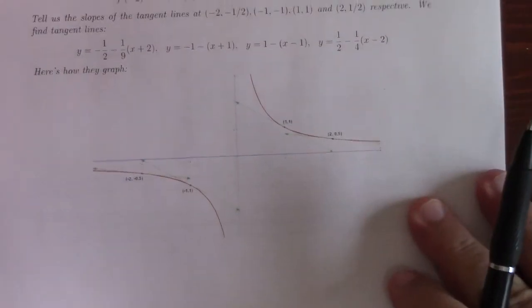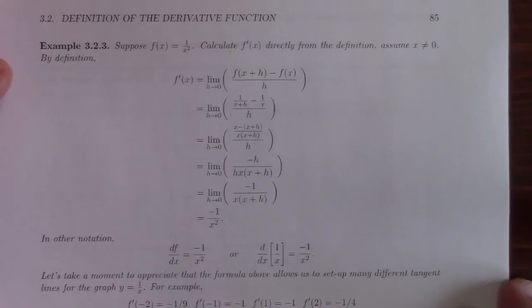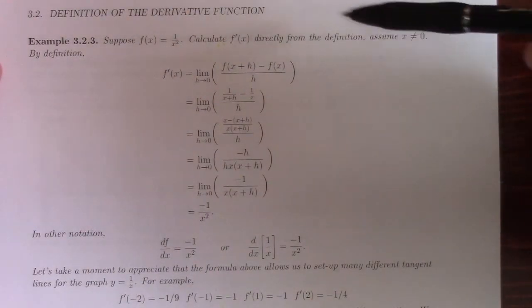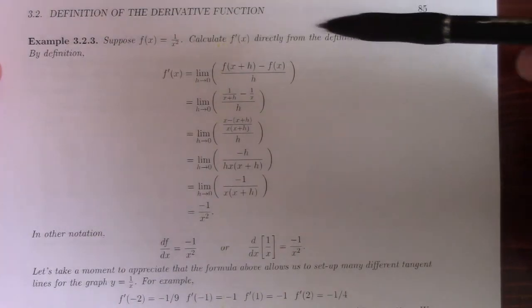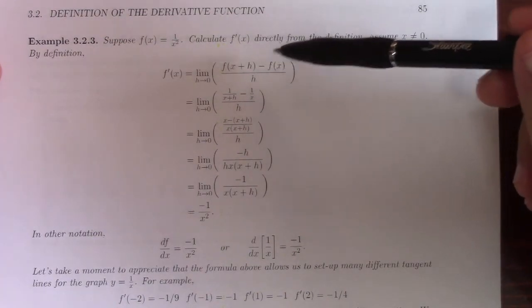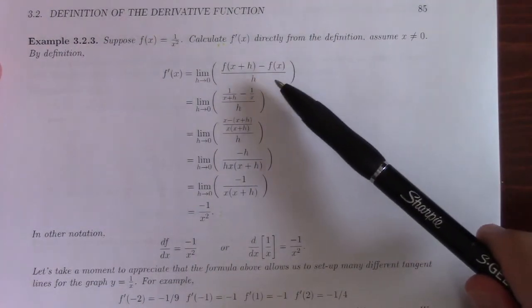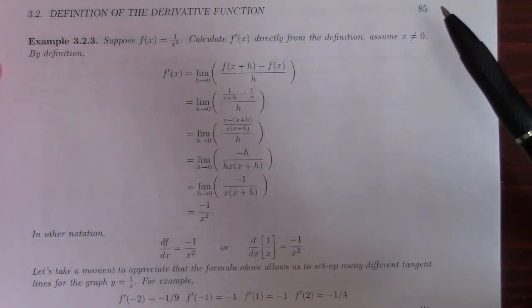Let's see here. Next up, I have 1 over x squared. Calculate the derivative from the definition. So, pretty straightforward, right? f of x plus h minus f of x. So that's 1 over x plus h. Wait a minute. Why?